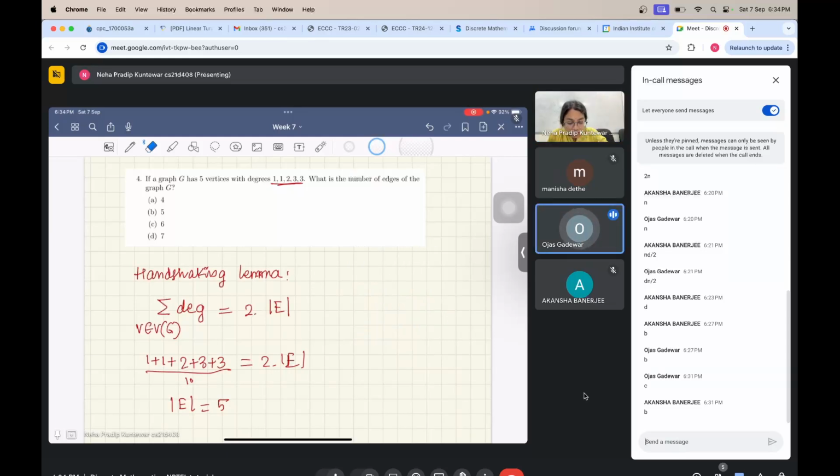Ma'am, I constructed a graph now that satisfies these degrees. Yeah, can you tell me? First, you draw 5 points in the shape of a pentagon, and then join 3 points in the shape of a triangle, means 1, 2, 3. Join these three, and join 3 to 4 and 1 to 5.